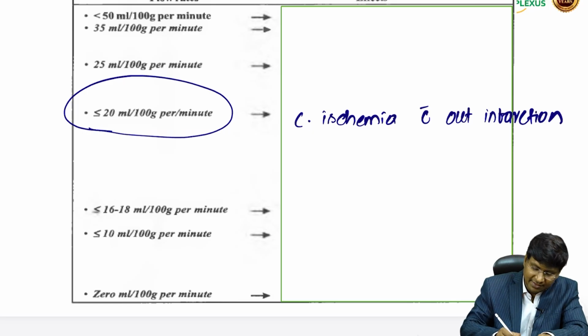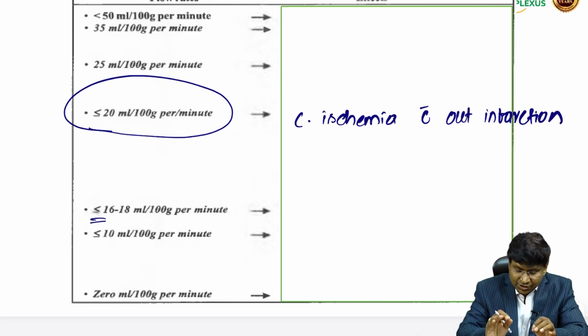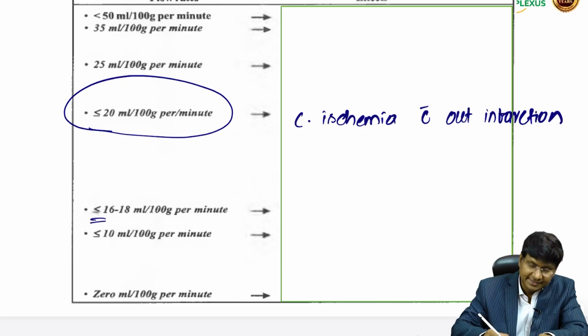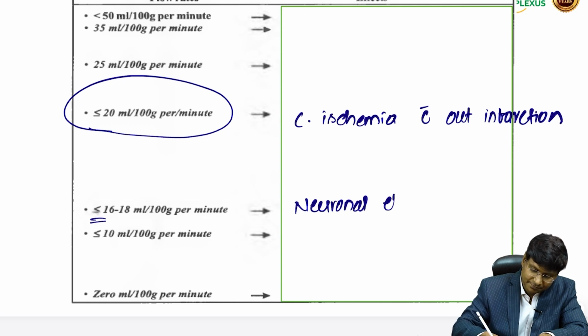And when the blood supply is less than 16 to 18 ml per 100 gram per minute, at this point there will be complete neuronal electrical failure.